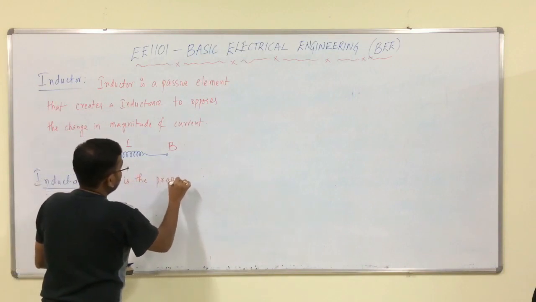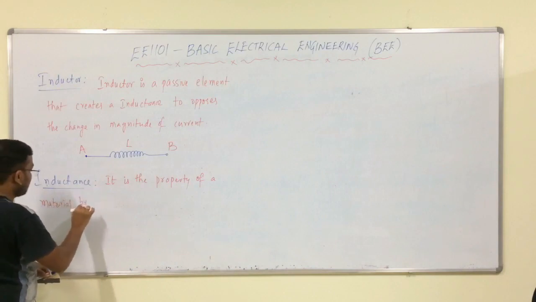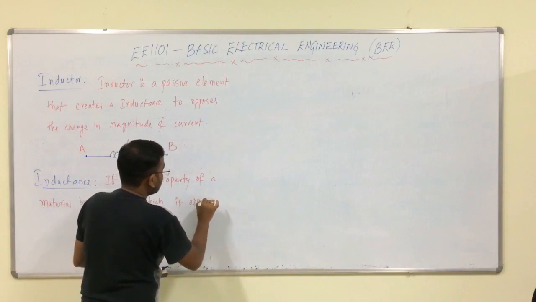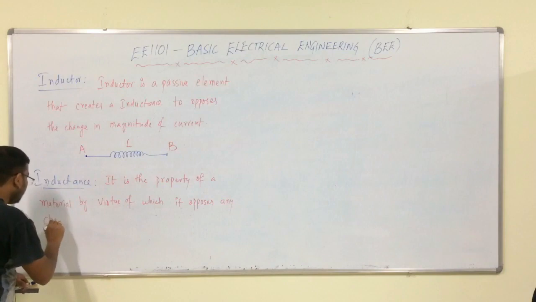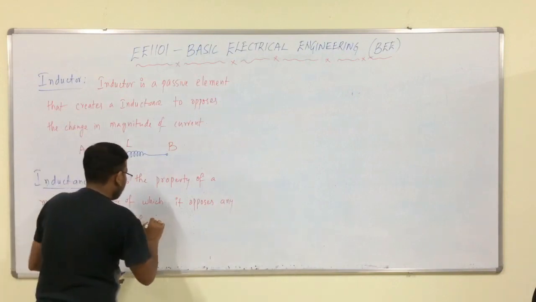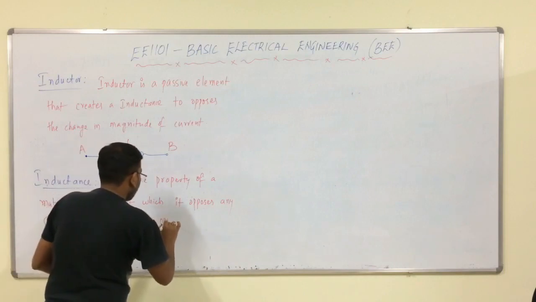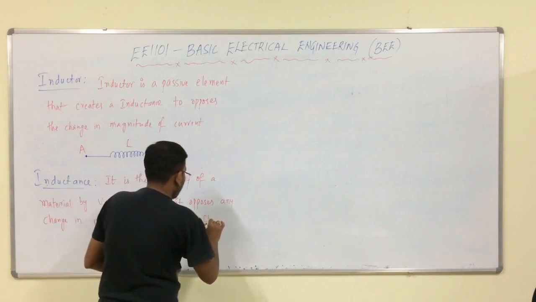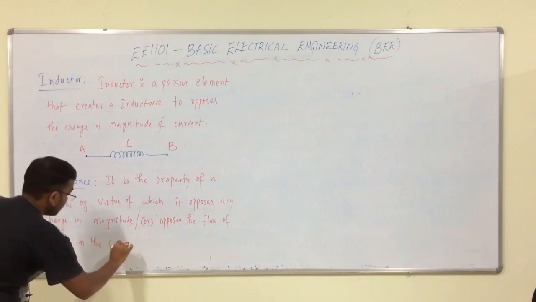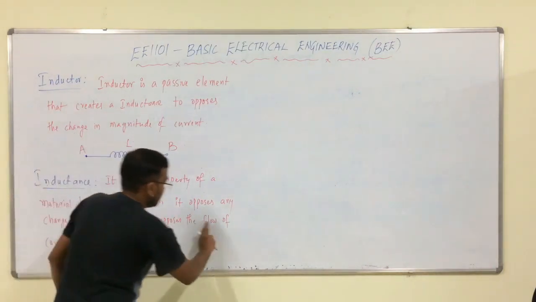It is a property of a material by virtue of which it opposes any change in magnitude of current in the circuit, or opposes the direction of current.